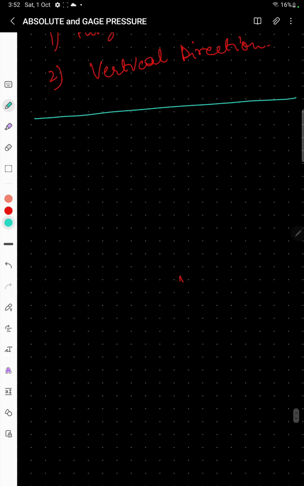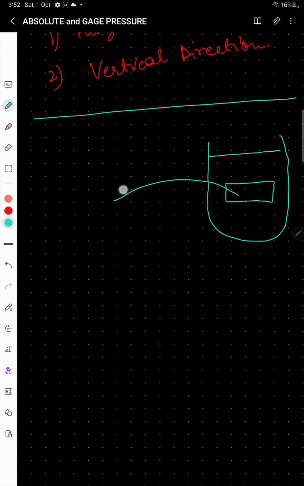Suppose there is a container completely filled with water, and we take an element in the horizontal direction. Let's try to understand. In order to understand how the pressure is varying, we have to figure out the free body diagram of this water element.